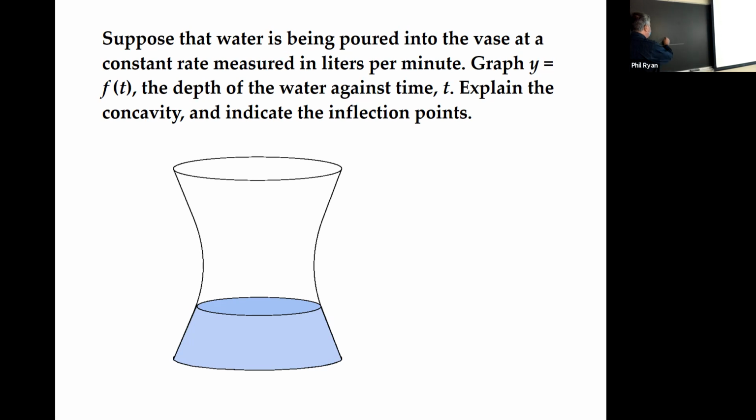Then when the neck is expanding, it's slower to get to the same height, so we would have something which was concave down. So we'd go something like that. And this inflection point came when the vase was the narrowest.